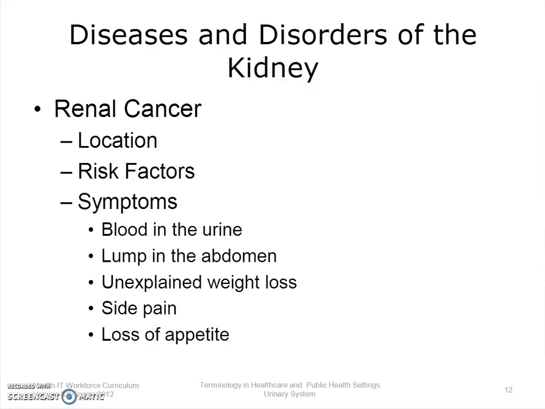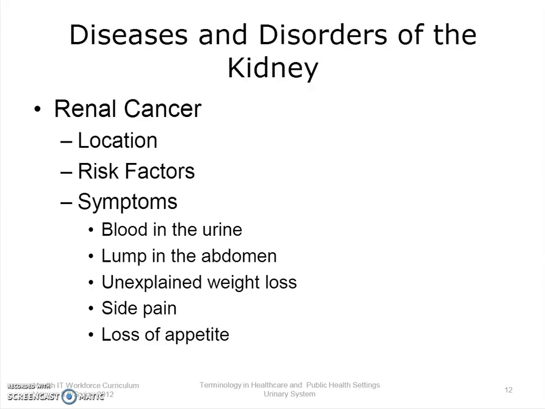Kidney cancer is also referred to as renal cancer. Kidney cancer forms in the lining of the tiny tubes inside the kidneys. It happens most often in people over 40. Risk factors include being over 40 years old, having certain genetic conditions, and misusing pain medicine.